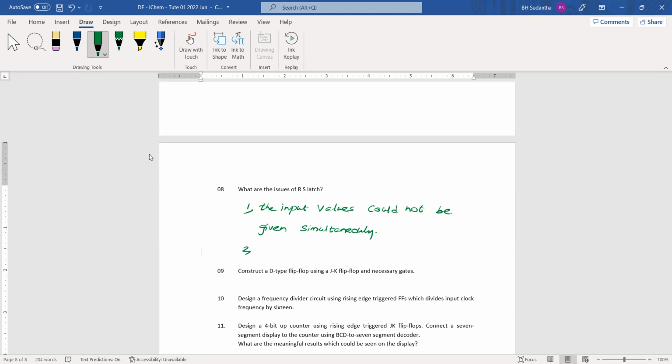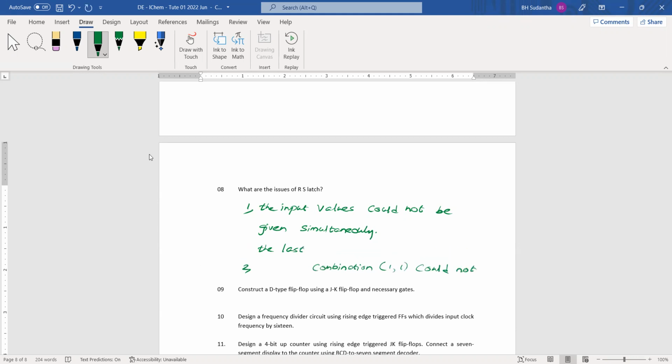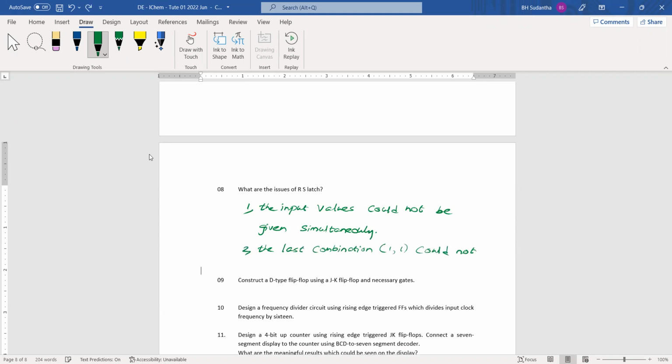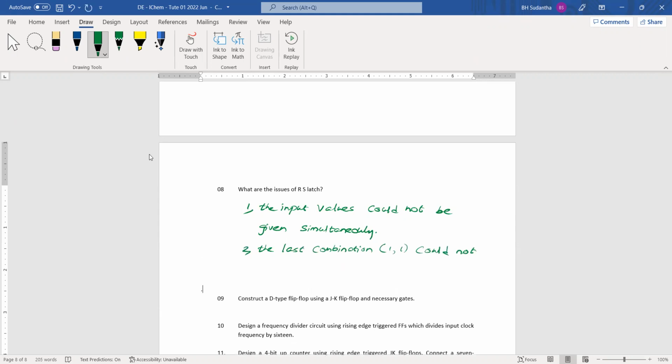Second issue, the last combination, 1 1, could not be used.